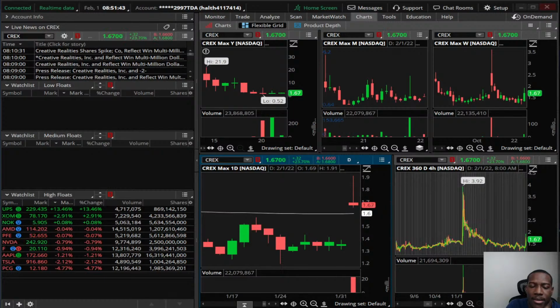Cracks going on down. Our chart has transitioned it all the way out. So done watching that one. BFRI almost off. Not seeing anything else. Not seeing anything else really moving nicely on the scanners or anything.